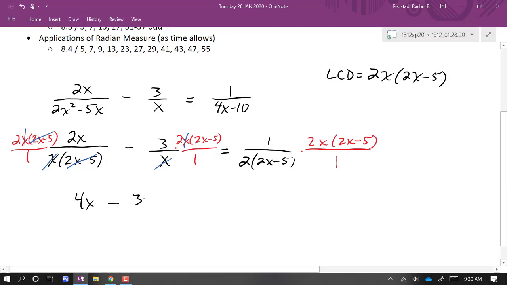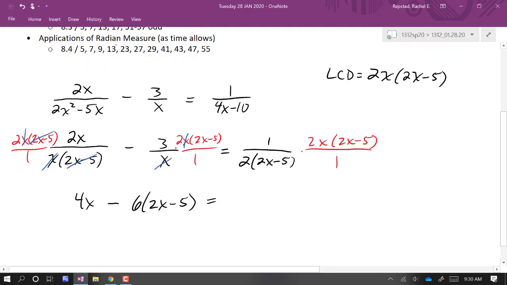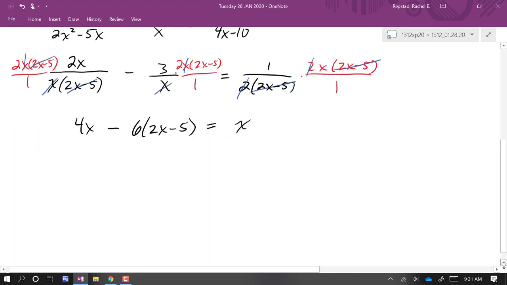So we have 3 times 2, or I guess 6, times 2x minus 5. And then on the other side, the 2's cancel, 2x minus 5's cancel. We just have x. Now that's a linear equation.